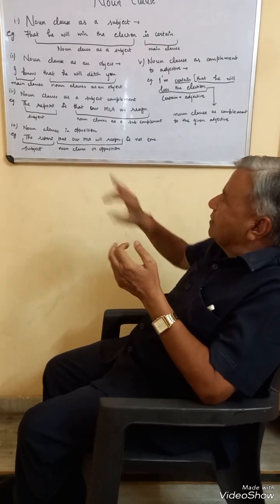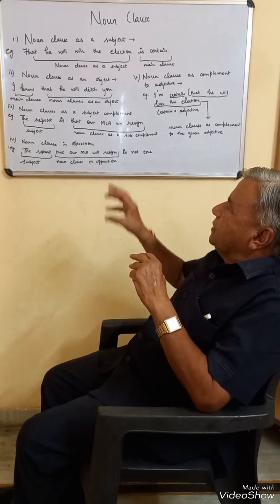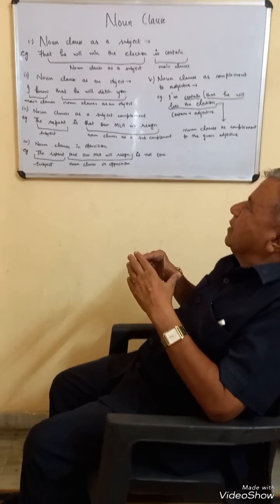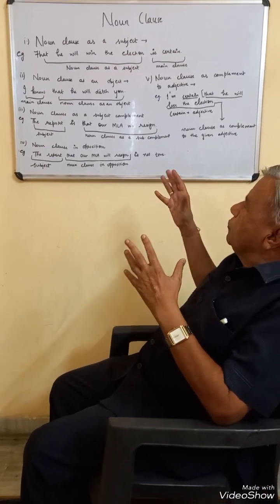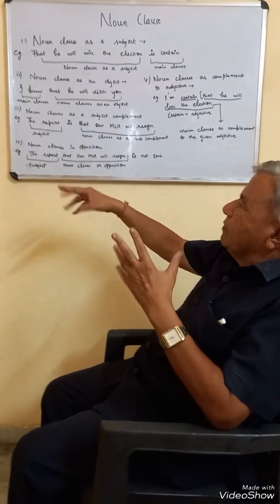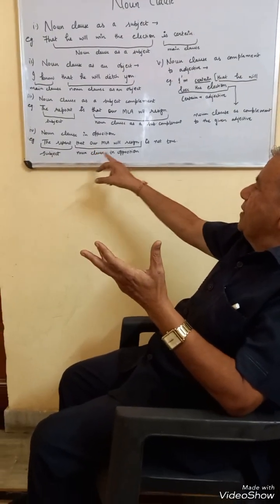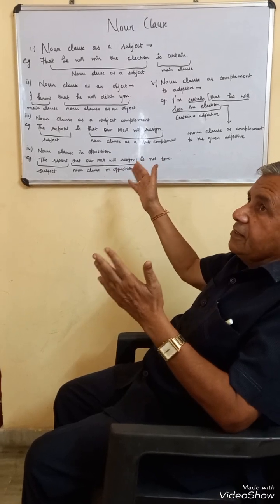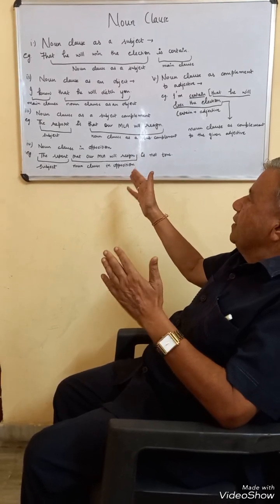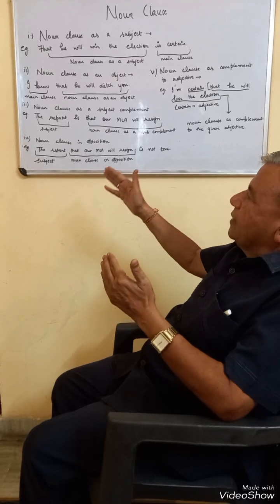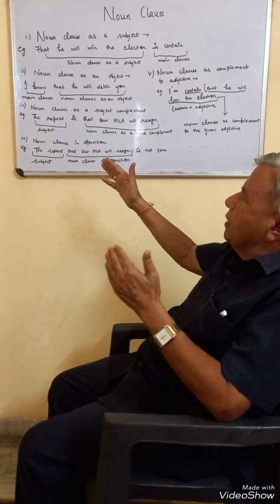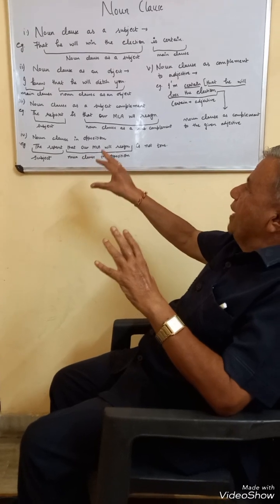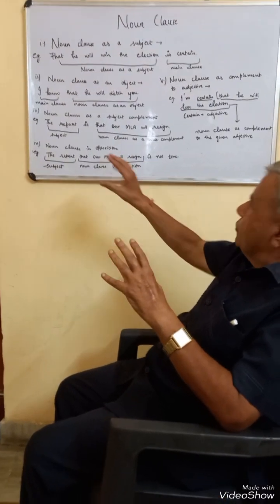But in this sentence, where the noun clause is acting as a clause in apposition, we have explained the meaning of report before using the verb. The report, which report, what report? It is explained along with it that our MLA will resign. That our MLA will resign is in apposition to the noun, the report. The report is being explained by putting the noun clause in apposition.